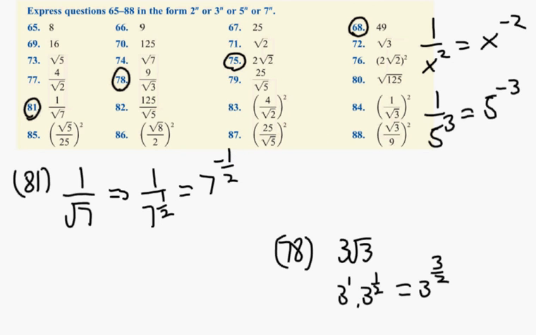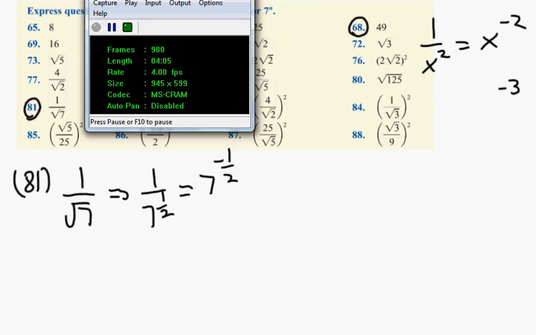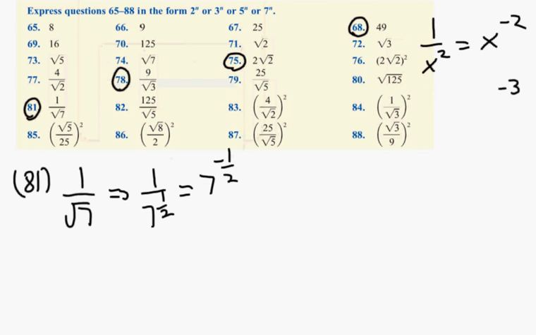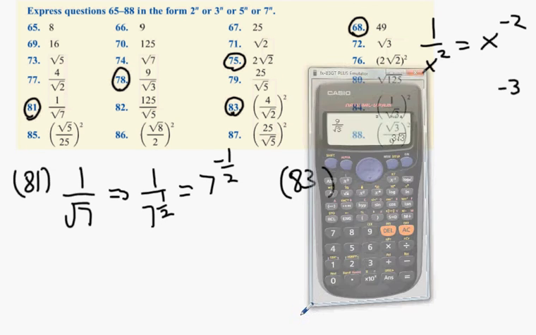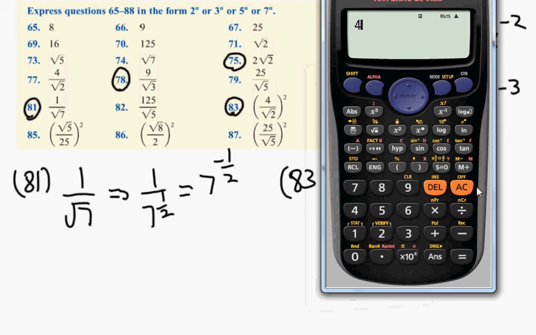Yeah, go for it. Okay, so what we get next is 83, guys. Now, 83 looks really difficult. I used to teach this a bit more difficult than it needed to be taught. So let's try it this way. Put that into your calculator. 4 divided by root 2, and then press the square button. And you get 8.